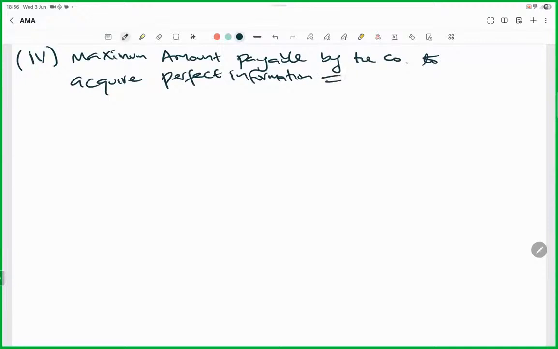So this is what we call EVPI, expected value of perfect information.